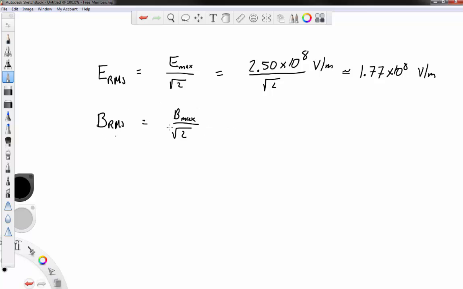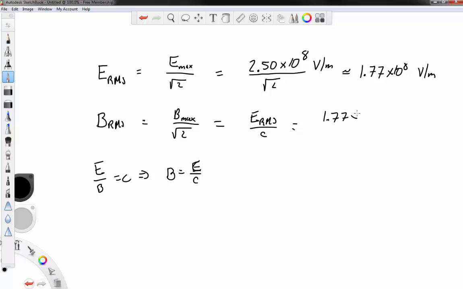We now want to get the root mean squared for the B field. Remember that E over B is equal to c, and so that means that B can be obtained by using E divided by c. So that's true also for the RMS. So we could use E RMS over c.